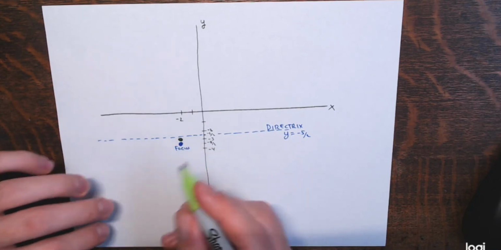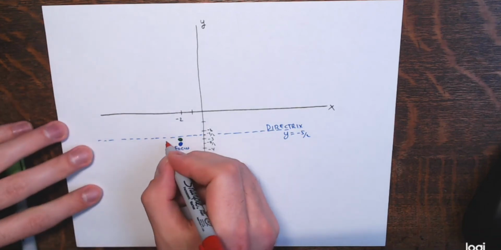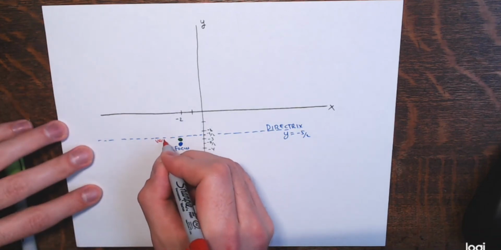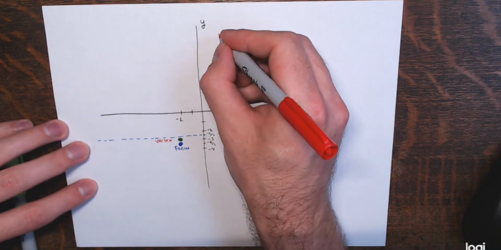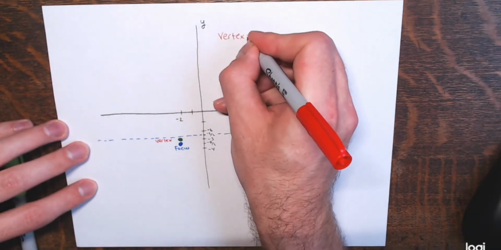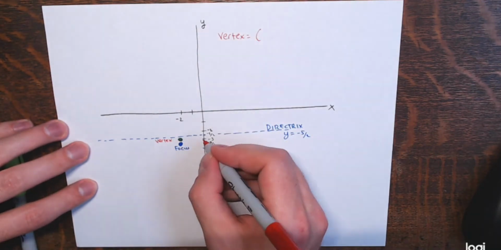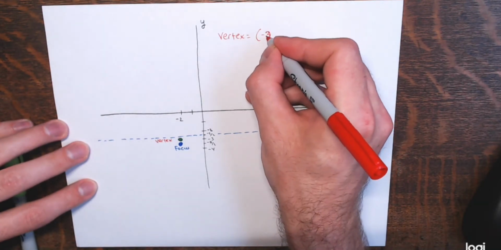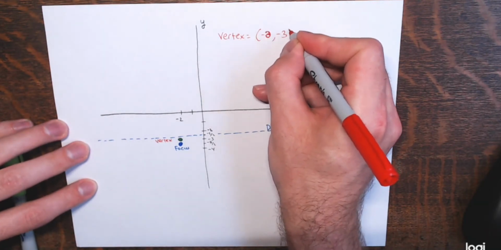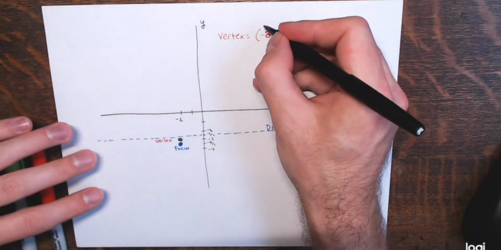And again, I'm very sorry about how close this all is. So the vertex will be at the point -2 for the x and -3 for the y, -2 comma -3, and that's your h and k.